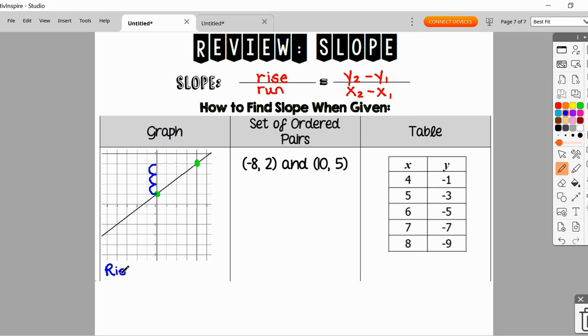So I went up 3, and remember, up is going to be a positive movement. Then I go ahead and count right in this case 1, 2, 3, 4. So up 3 and right 4. And because right is a positive movement, I'm going to go ahead and have a +4.